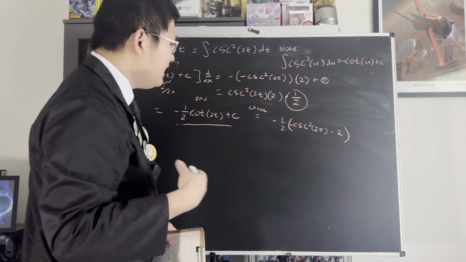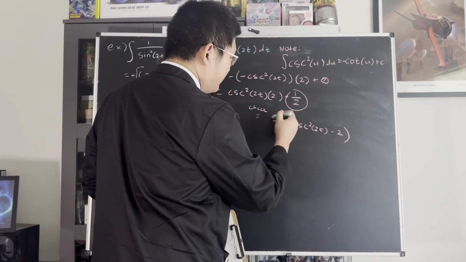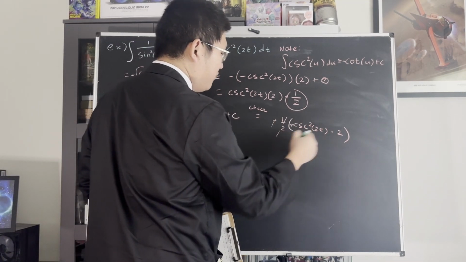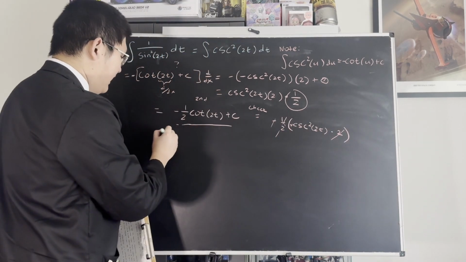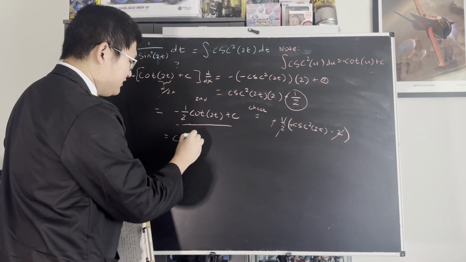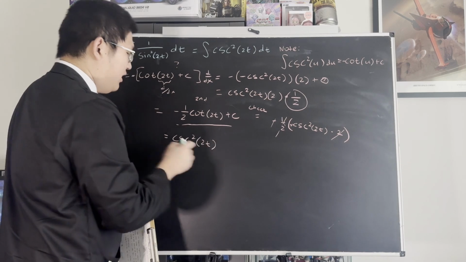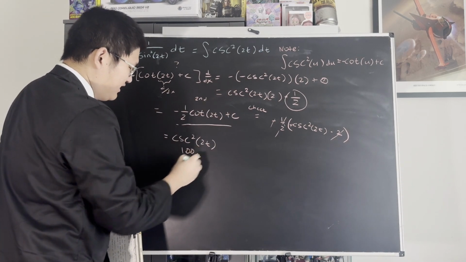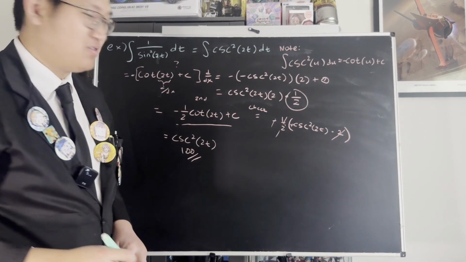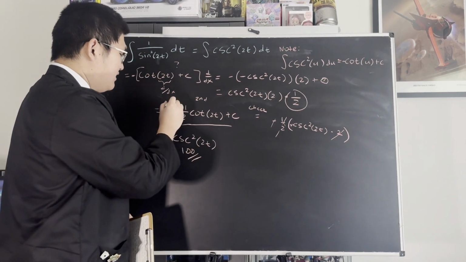There you go. It looks like we got everything we needed. We got the negatives canceled out. We have the 1/2 canceled out with the positive 2. And would you look at that? Everything does match. It's cosecant squared of 2t, and all that matches 100% up with the integral at the start of the question. So there you have it.